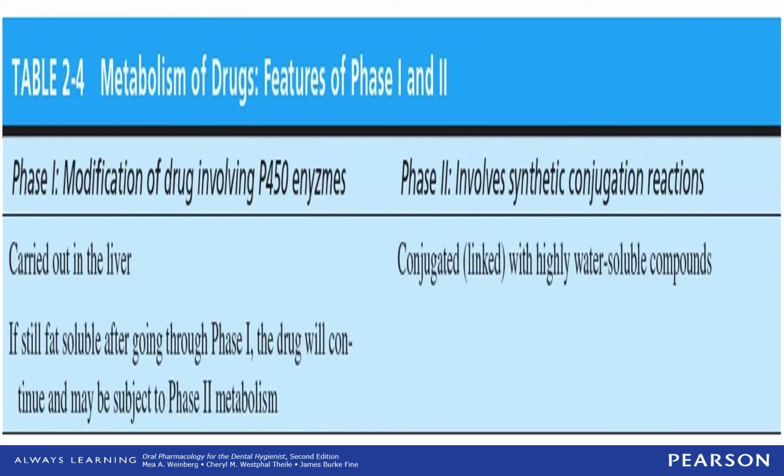This is a blurry slide of Table 2.4, which shows the metabolism of drugs, features of phase 1 and 2. Phase 1 is carried out in the liver. Phase 2 is conjugated with highly water-soluble compounds.